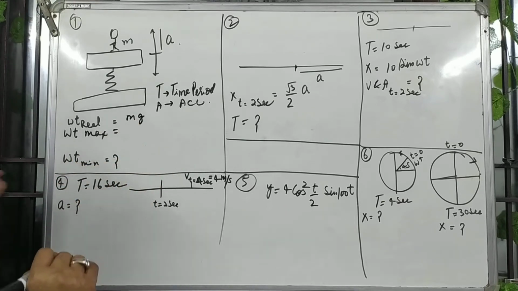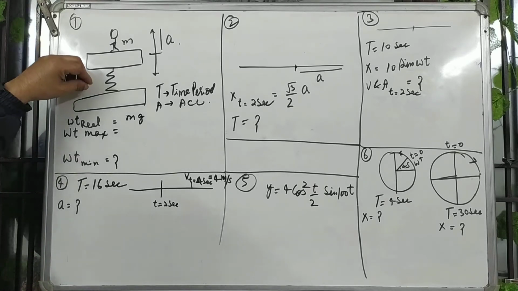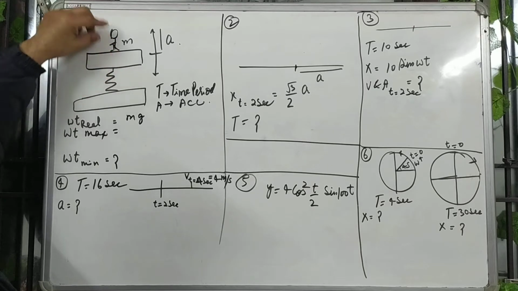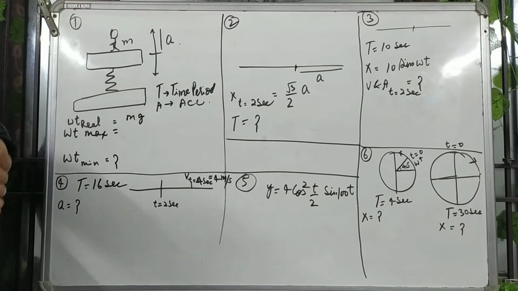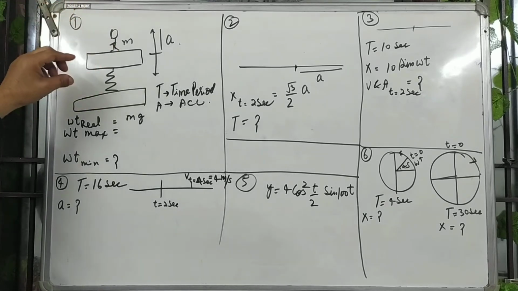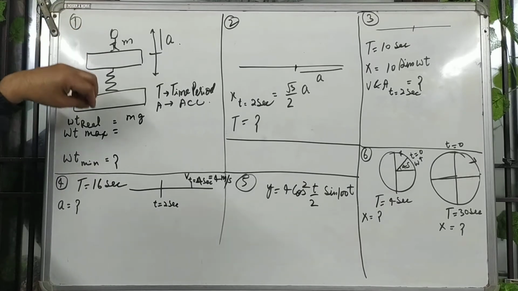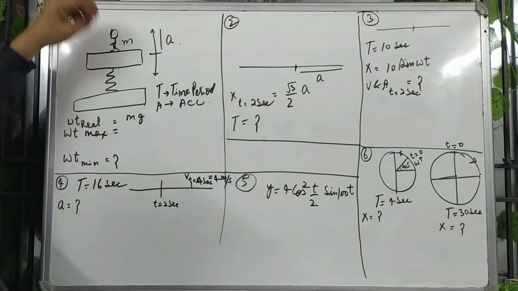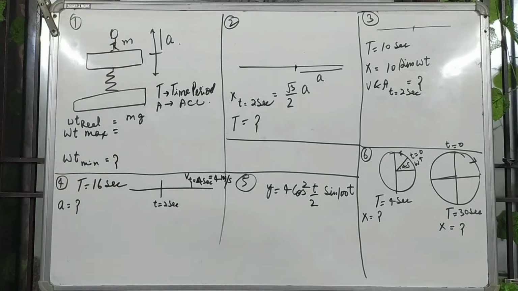And when will be the maximum weight? When the spring is moving upward, accelerating upward, the pseudo force will act downwards, and the pseudo force is due to the restoring force. It is accelerating upward, pseudo force is downwards, so restoring force is downwards, both are equal.